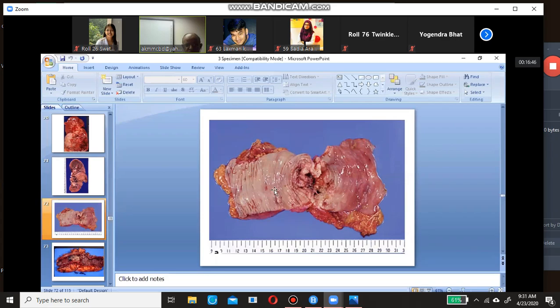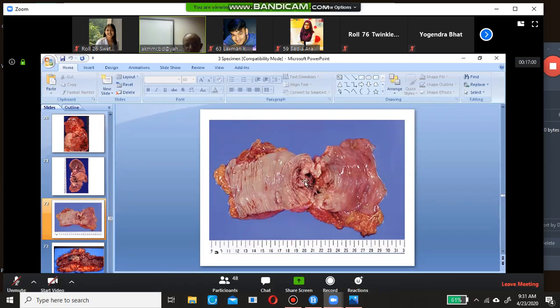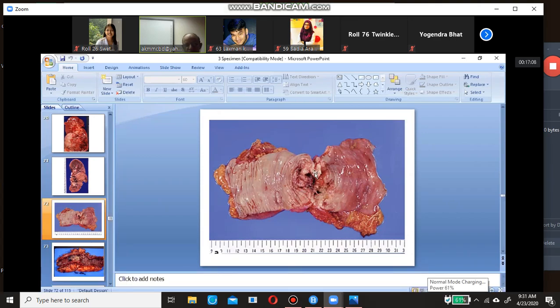And you see this part of the colon. The mucous membrane is rugose. There are foldings. But what about this part? This is not normal. There is ulceration here, is it not? There is ulceration in this part of the gut.